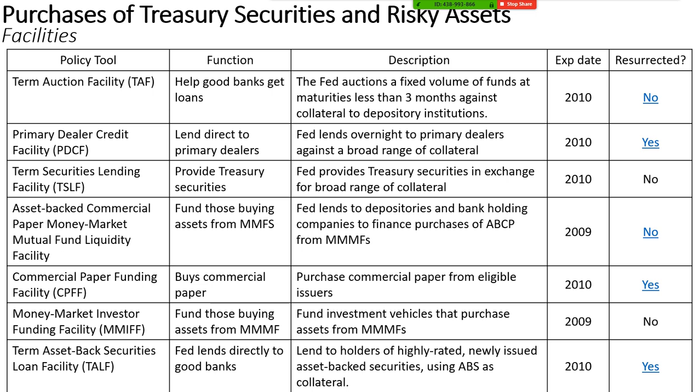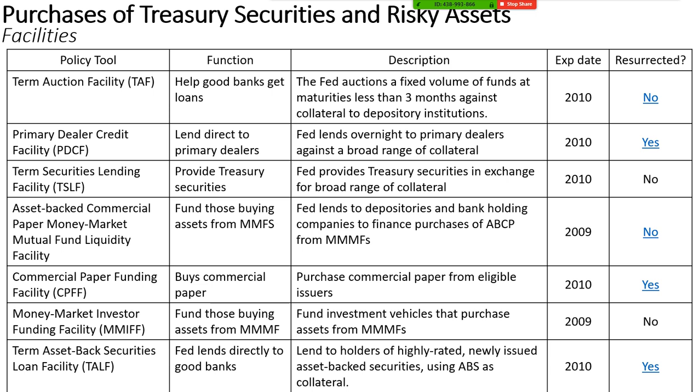And you have other facilities like the term auction facility there at the top that hasn't been resurrected yet, that we talked about last time, that helps institutions get funding. If you remember, that term auction facility essentially went out into the open market and announced that they have banks that they vetted and that are offering collateral. They're looking for funding, and they got the Fed's thumbs up. And so by auctioning this debt, the Fed is helping these solid banks get funding.